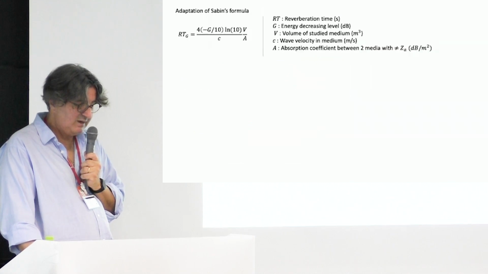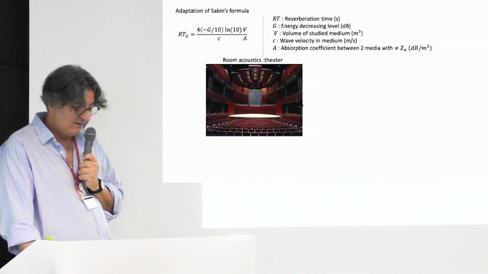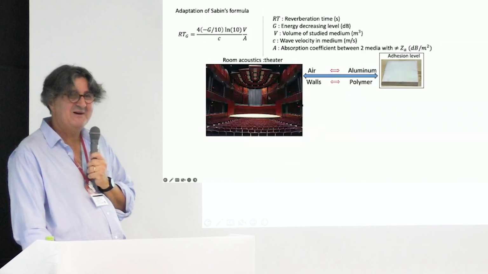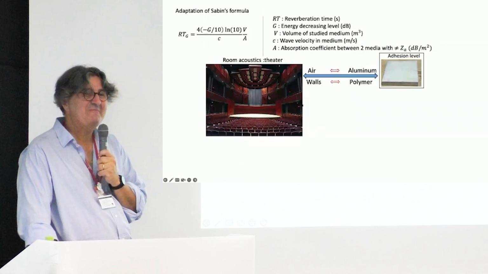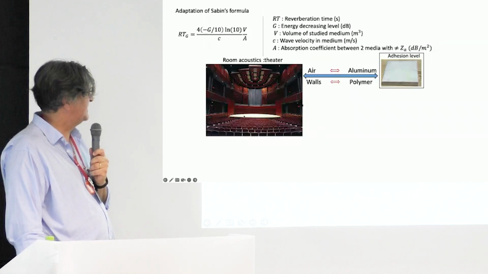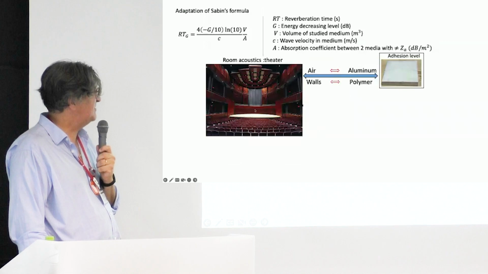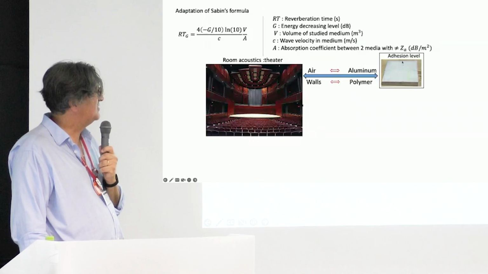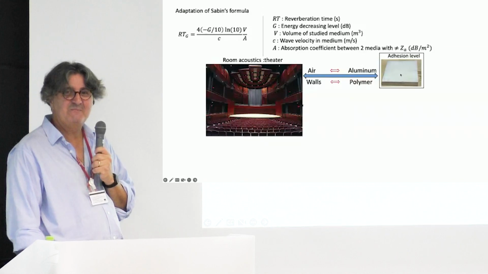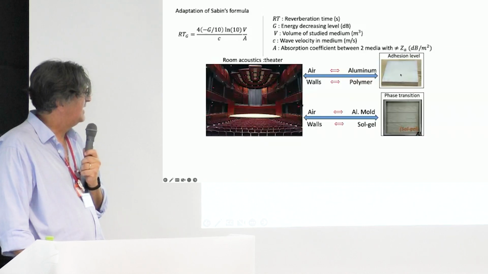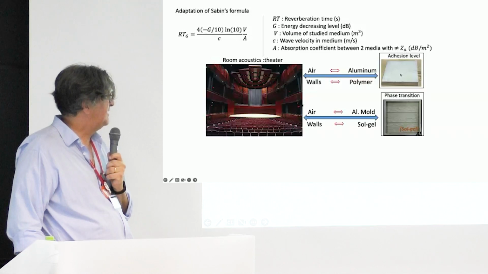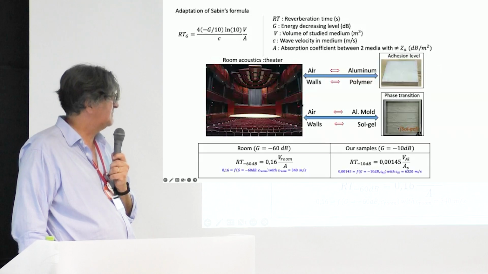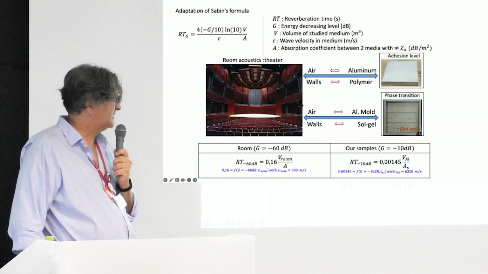First of all, the Sabine formula has been adapted. This is not the same type of room. I don't know which one you prefer, but this one is a very nice concert hall. And this is our concert hall, for instance, on which you will put some polymers, and then the walls will be the interface with sol-gel techniques, for instance.